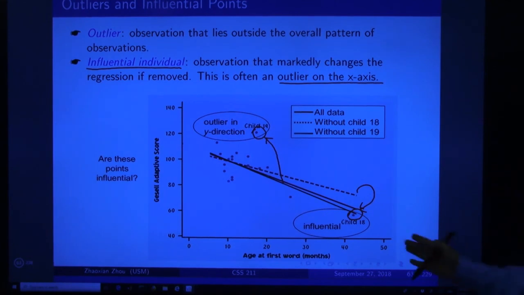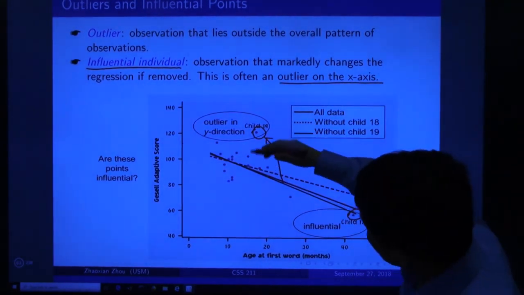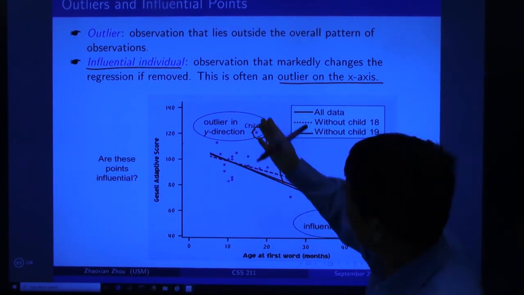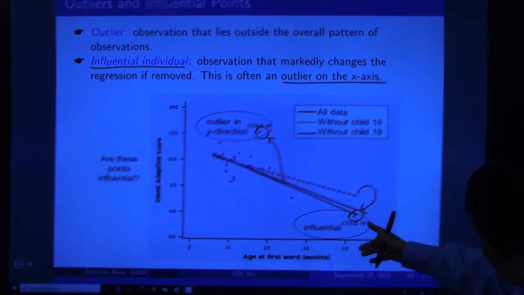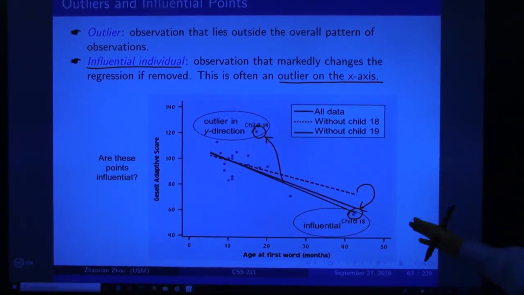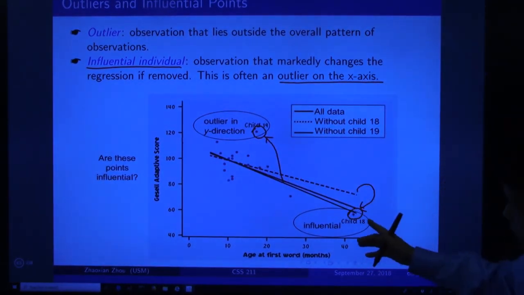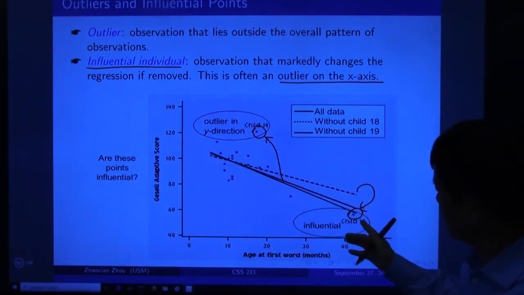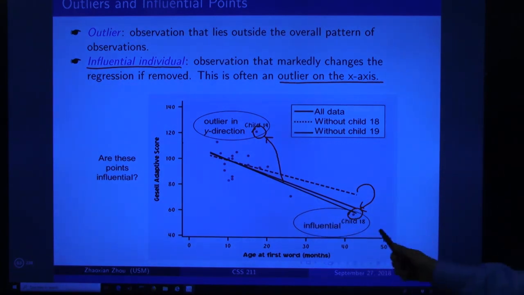So what's the difference between 18 and 19? Look at this. This one looks like an outlier in the sense of y. The y is too large. And this one, outlier or not, is still in the form. But it is definitely an outlier in the x direction. All other x are around here, but this x is too big. So this one is an outlier in the x direction.